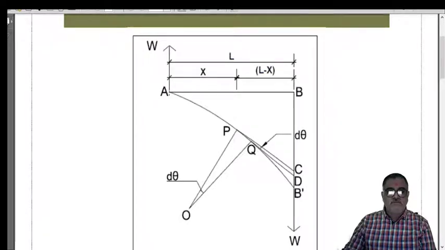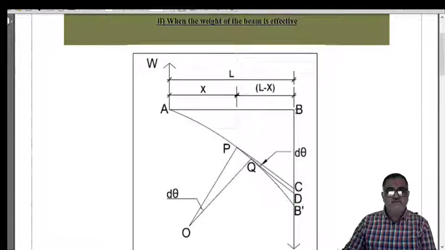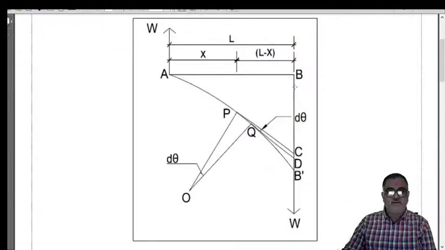Now again, AB is nothing but the neutral axis of the cantilever, whereas this end A is a fixed one. To this end B, which is a free end, a weight W is applied.